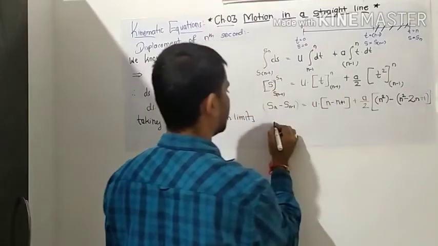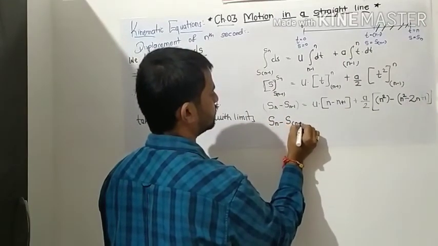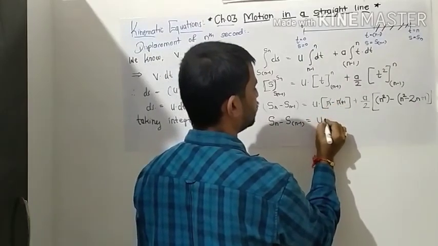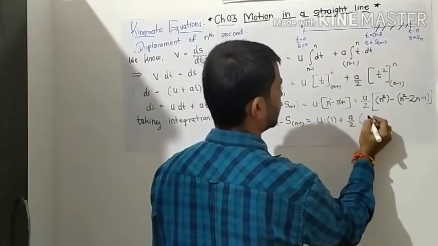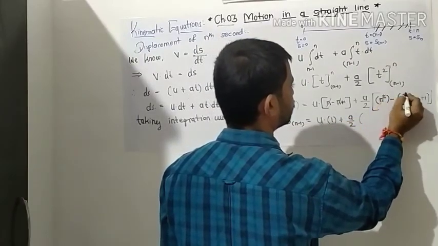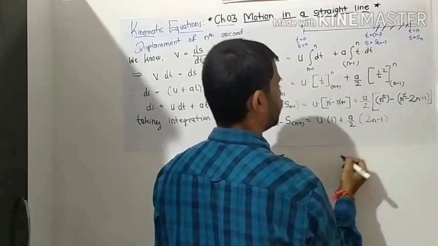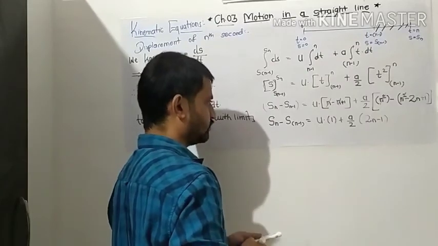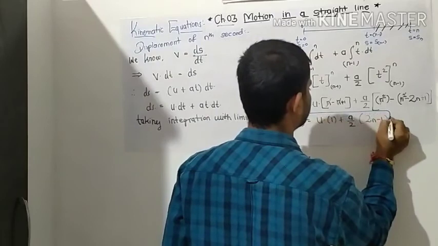So s suffix n minus s suffix n minus 1 will be equal to u into 1 plus a by 2 into bracket, where n square and n square get cancelled, leaving twice n minus 1. This is the final equation of our nth second.